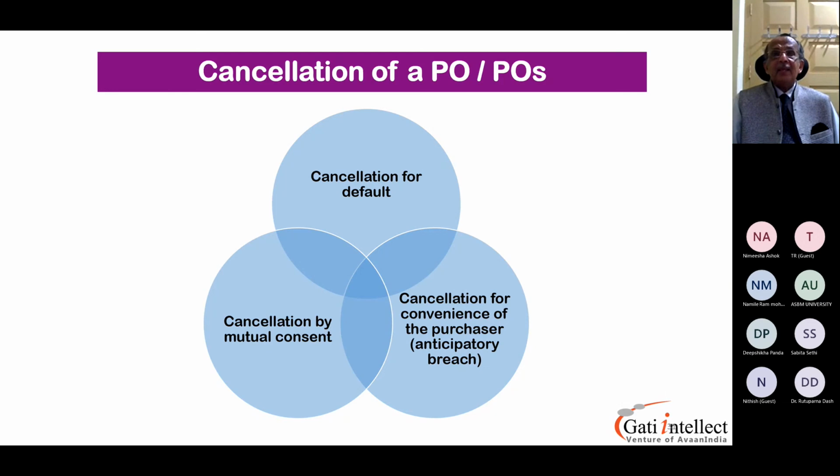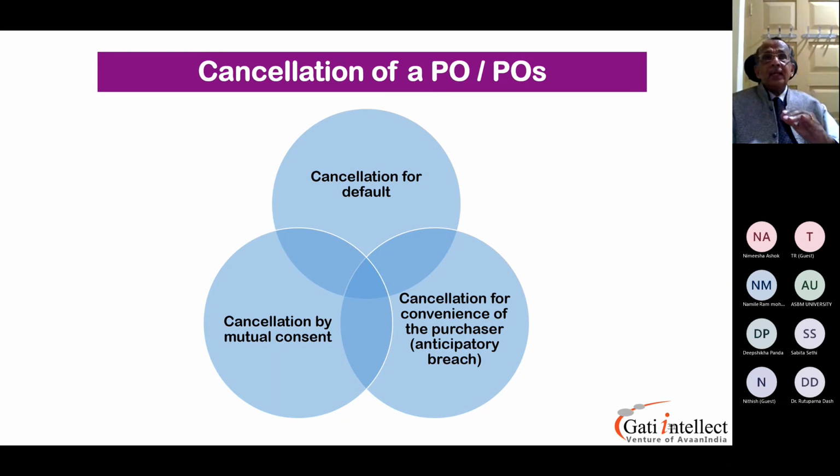In that case, the purchaser can invoke his right. He can make a request for cancellation. He can make a request for anticipatory breach because of the business circumstances he's going through. Is this clear? These are all things which are possible in the contract.